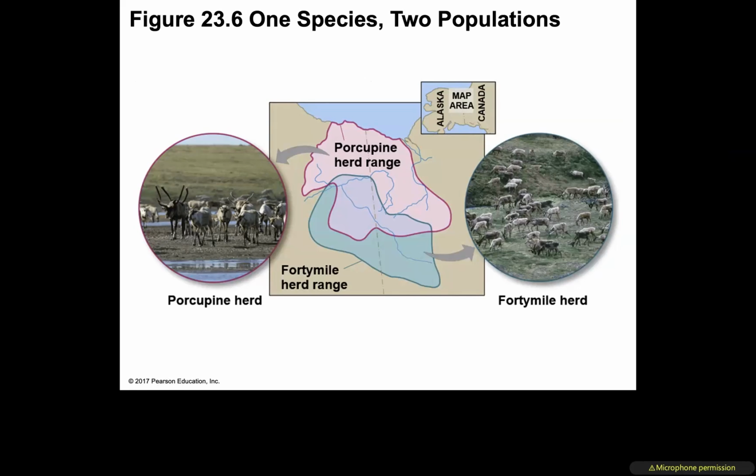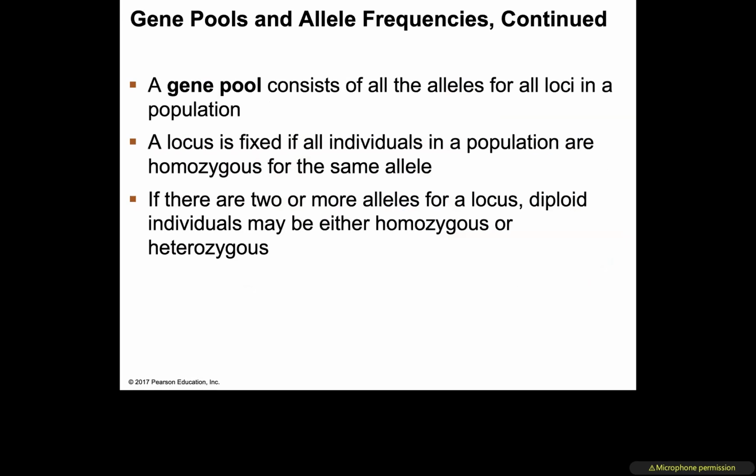In their cells, they have their own chromosomes. Within the chromosomes, they have their own alleles. So when we're talking about a gene pool, we are talking about all of the alleles of every single individual in a population, with the possibility of coming together to make different genetic combinations.